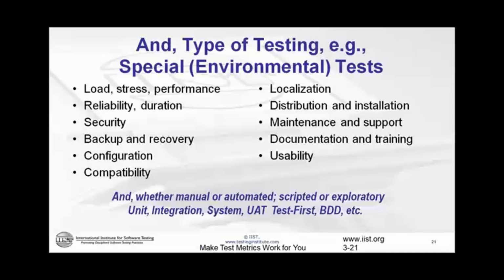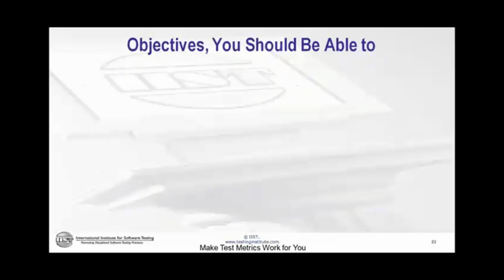And are these unit tests or integration tests or behavior driven or test first and so forth? So these are all types of qualifiers that need to be part of our measurement to help us understand what is producing our results, because that becomes the basis then for understanding how to improve.